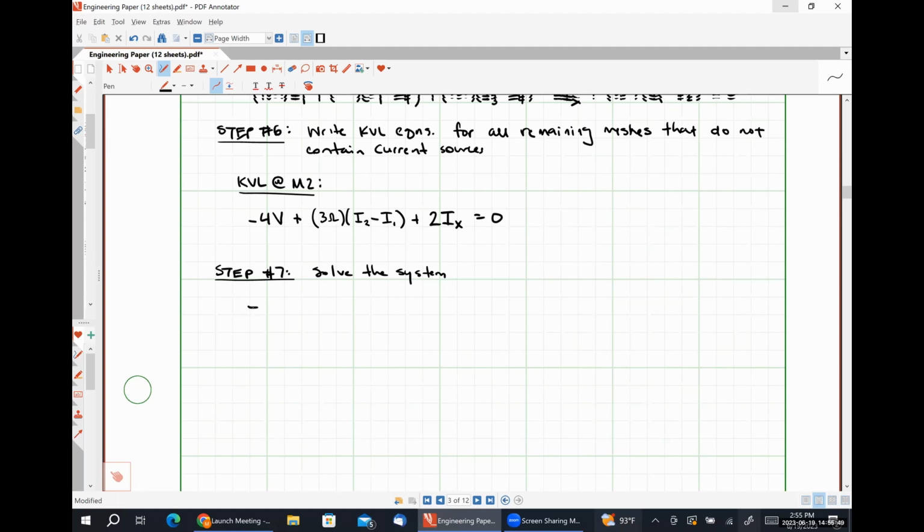I get I1 is equal to 33 over 19. I2 was equal to 203 over 57.